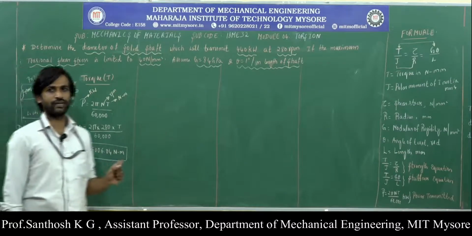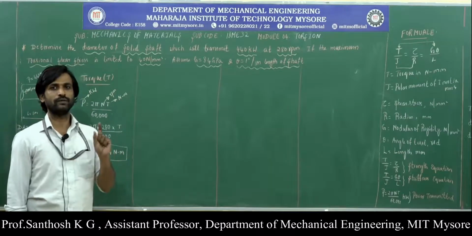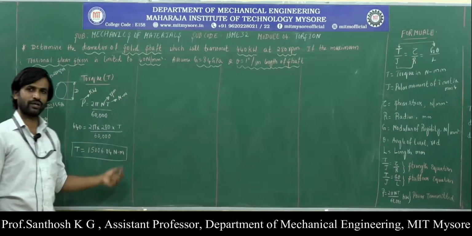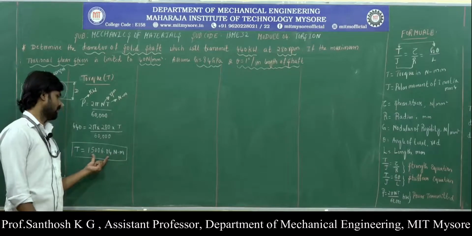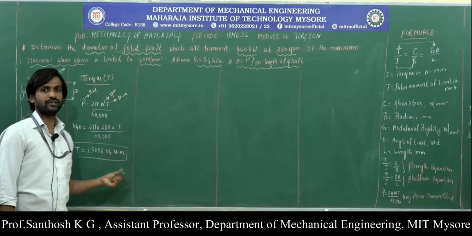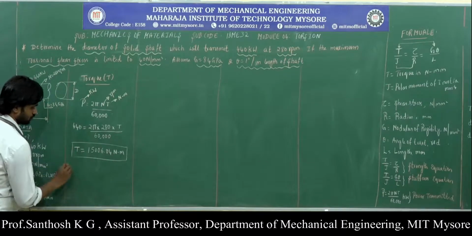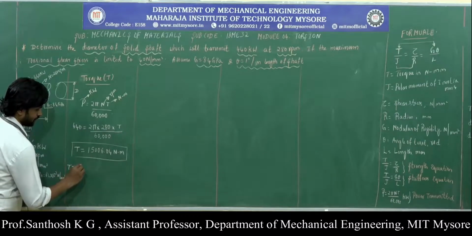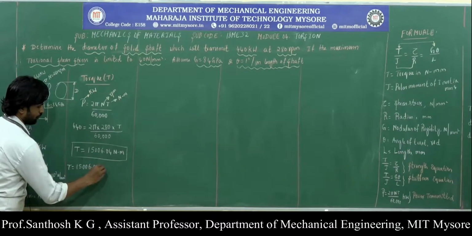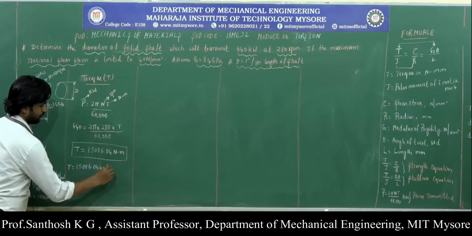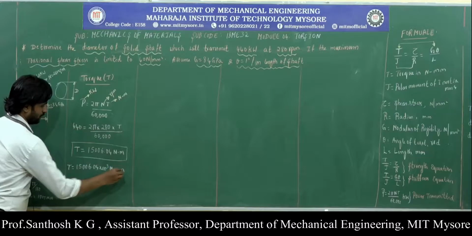But if I want to use the stiffness equation or the strength equation, the value of T should always be in terms of Newton millimeter. So convert this Newton meter into Newton millimeter by multiplying the value by 10 to the power of 3. So T equals 15,006.04 into 10 to the power of 3 Newton millimeter.